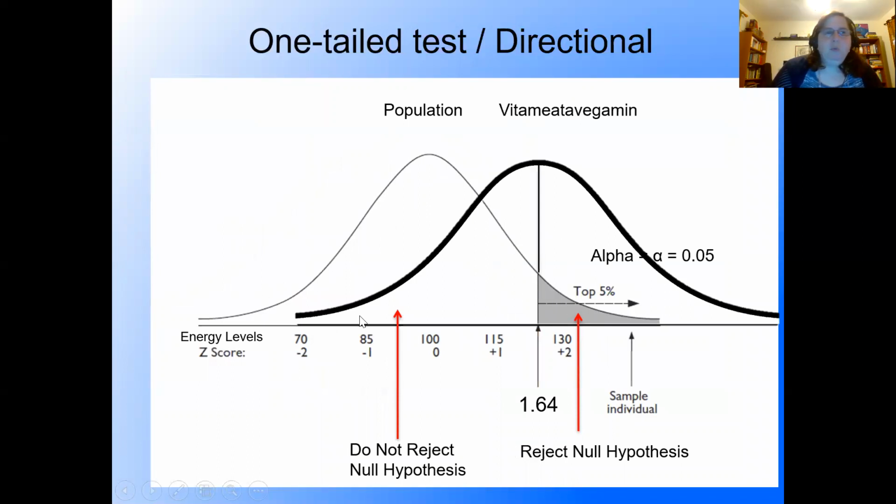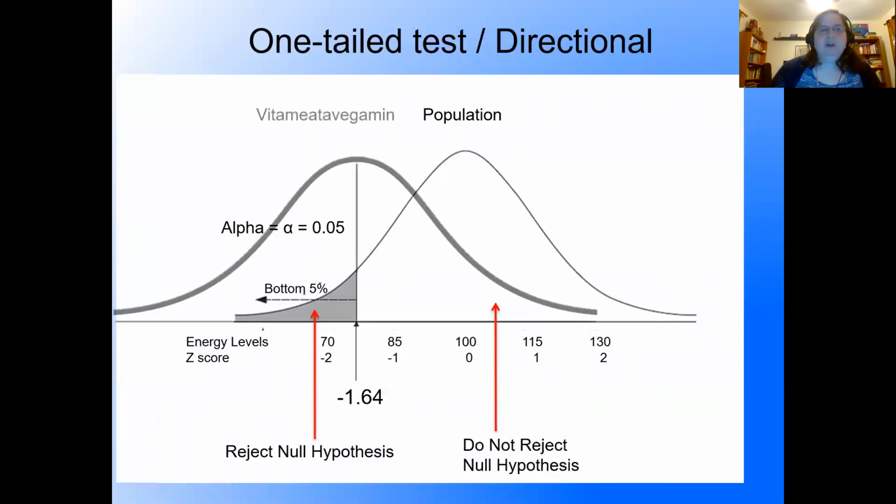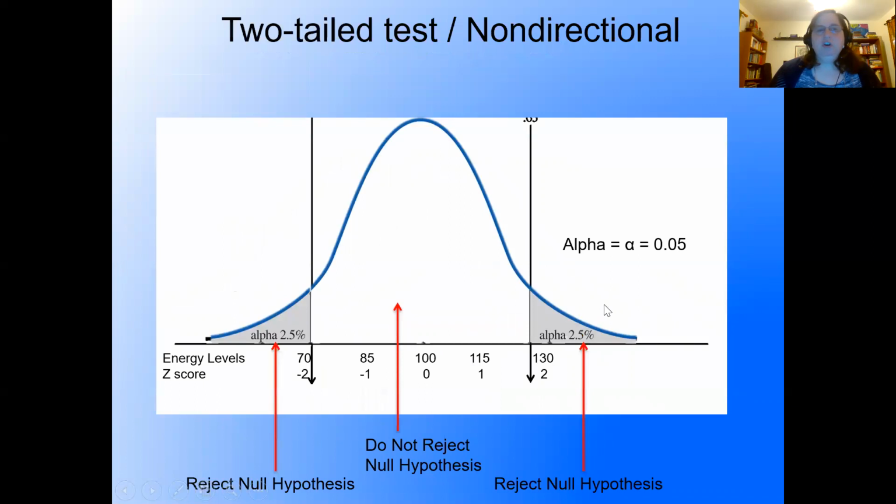But if it came out way lower, all the way down here, I didn't get to reject. Same here. I had to say it would come out way lower. If it came out to be way higher, I don't get to reject. Now, regardless of whether it comes out way higher or way lower, I get to reject. This is wonderful. This is the two-tailed non-directional hypothesis.